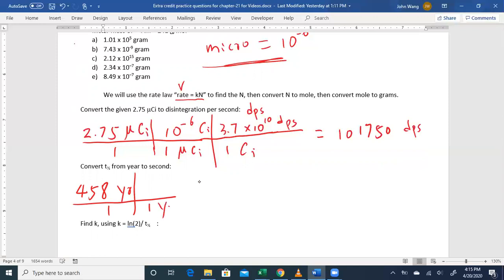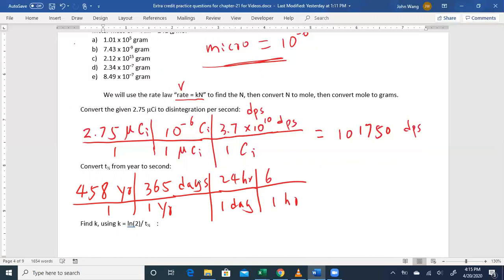Then we know in 1 year we typically have 365 days, in 1 day there are 24 hours, in 1 hour there are 60 minutes, and in 1 minute there are 60 seconds. Therefore, we have 1.4443 times 10 to the positive 10 seconds.